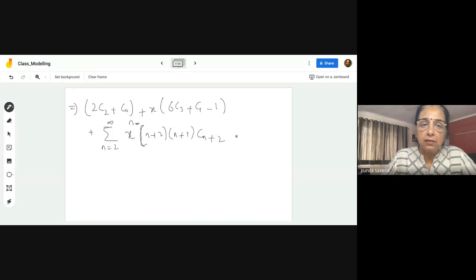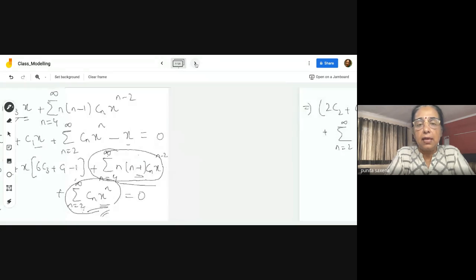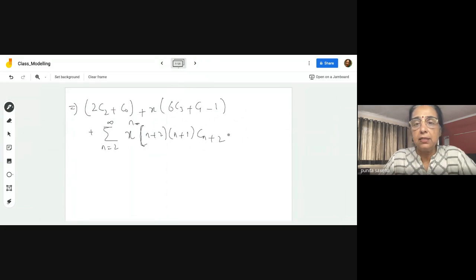Is that right? Didn't I write it wrong? Yes, ma'am. We've changed n to n plus 2 in this term. And the second one remains as it is, plus summation n from 2 to infinity cn xn equal to 0.